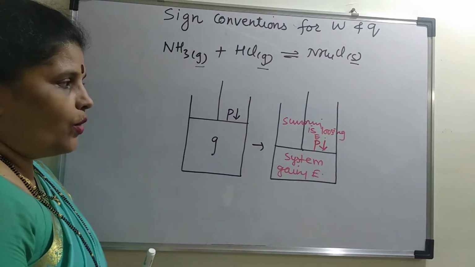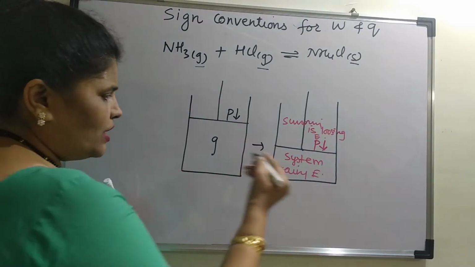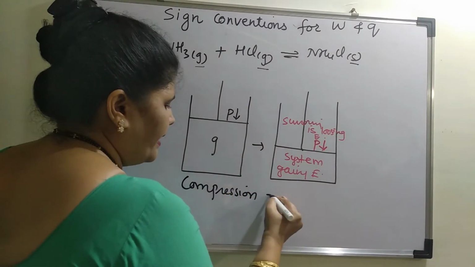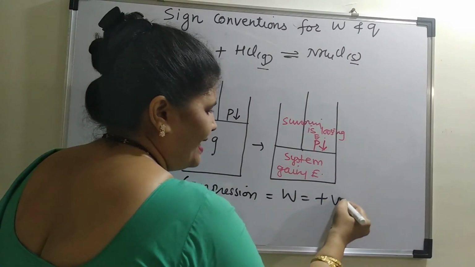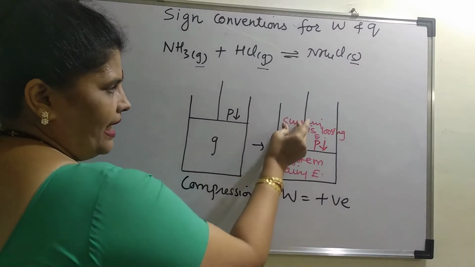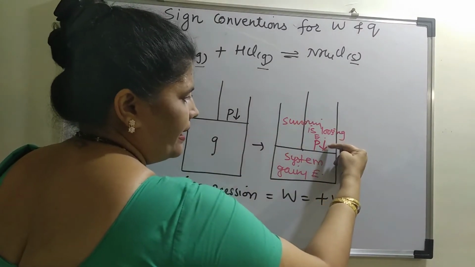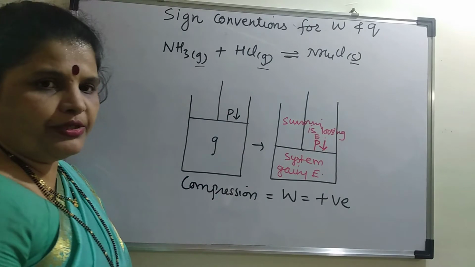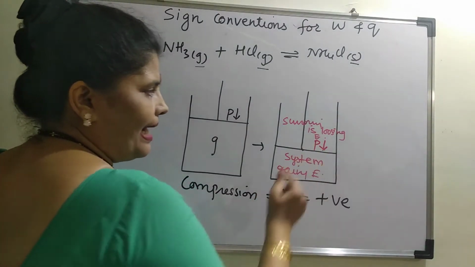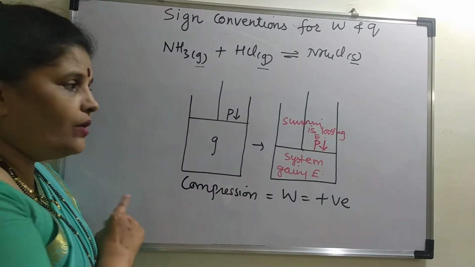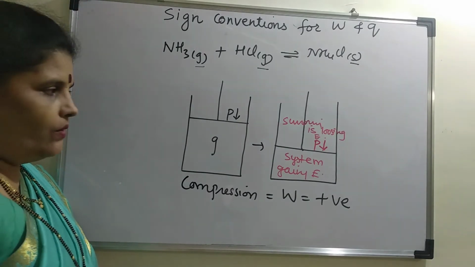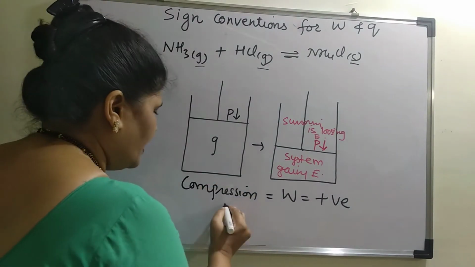Right, students? So, what is this process called? This process is called compression. And the sign convention for W is always positive, because the work which is done is in the same direction as that of the applied pressure. While in the previous concept, the work done was against the applied pressure, so it was negative. This is in the direction of the applied pressure, so this is positive. Now, who is doing the work here is the surrounding.